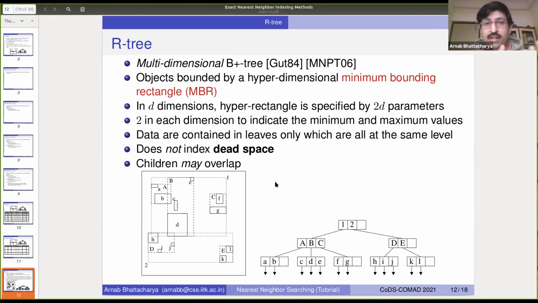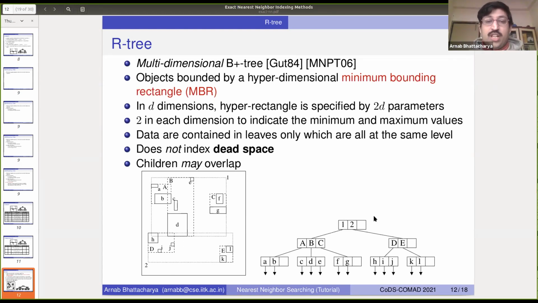That is what our generic framework tells you, right? This larger box is called a minimum bounding rectangle. For example, if I take this small a and small b, that can be enclosed in this tight box, which I am calling the large A. Then c, d, and e can again be put into another tighter box. This is the capital B, and so on and so forth. So you again get this entire structure.